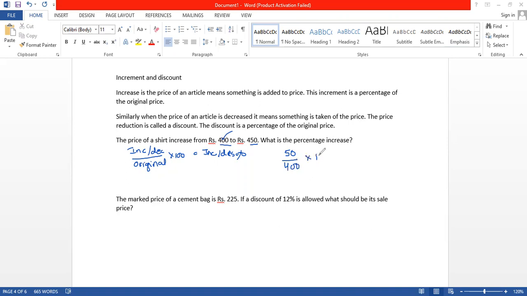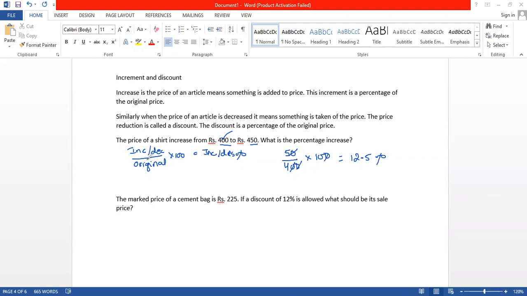And you can multiply this by 100 to get the percentage increase. So the answer would be, 0 and 0 would get cancelled off, again 0 and 0. So the answer is 12.5% over here.